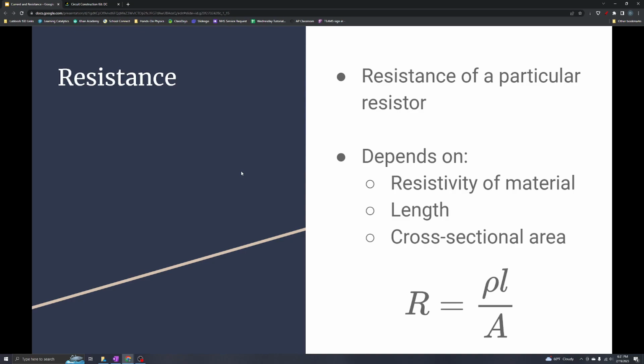But it's also going to depend on the other physical characteristics, like the dimensions of the object. It's going to depend on the length of the object, and also on the cross-sectional area of the object. And so we have a formula you can use here. The resistance is equal to rho L over A, where L is the length of the resistor and A is the cross-sectional area of the resistor.